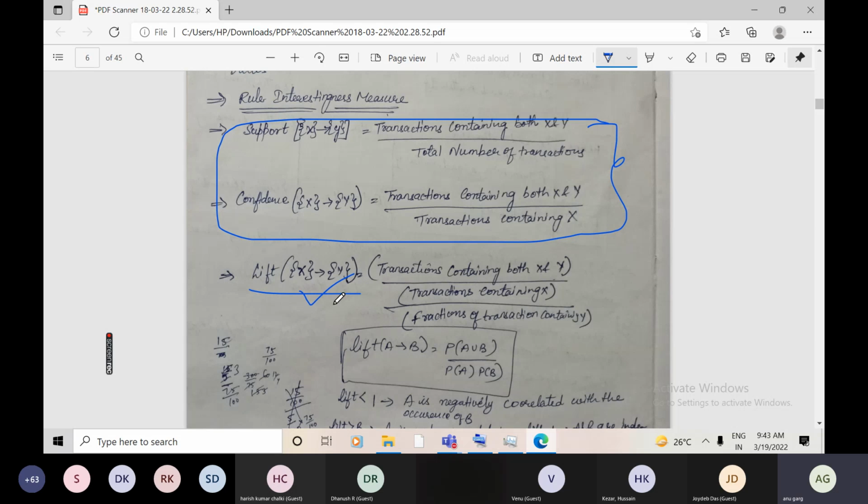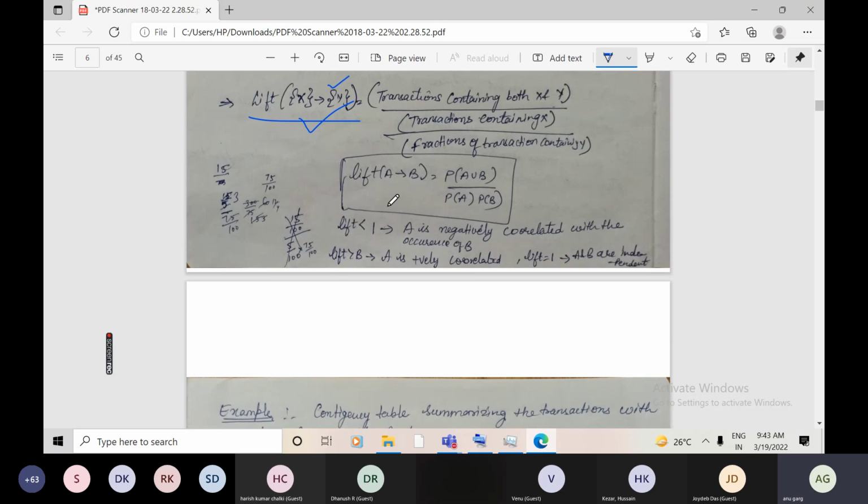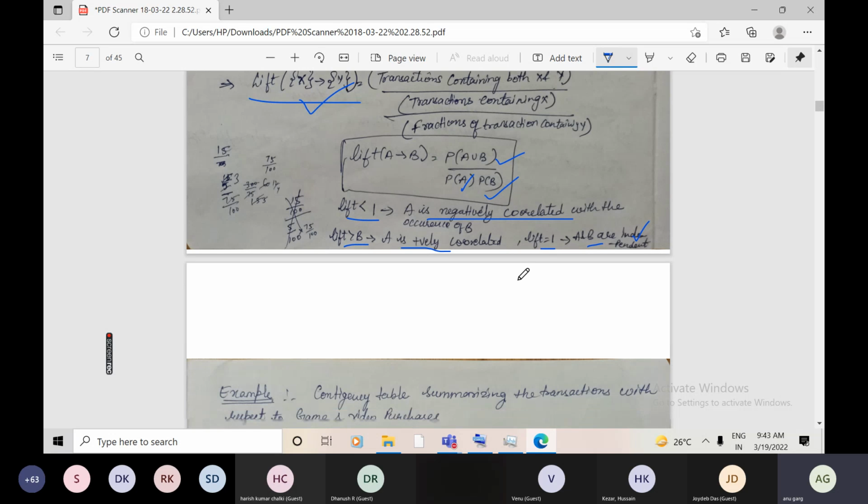Lift is a concept where you can find out whether your rule X implies Y is an interesting rule or not. The formula for lift is P(A union B) divided by P(A) times P(B). If the lift value is less than 1, then A is negatively correlated to B. If the lift value is greater than 1, then A is positively correlated. If the lift value is 1, A and B are independent, there is no relation.